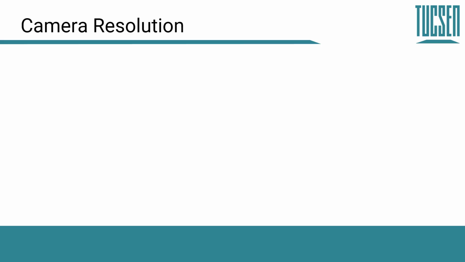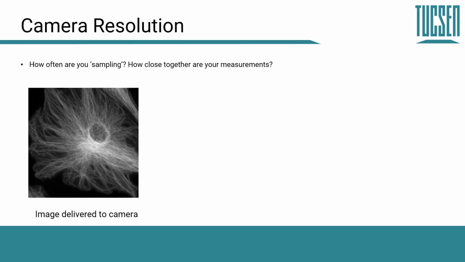What about the camera itself, this pixel size question? So with camera resolution, we slightly turn things on their head and say not how big are our pixels, but how often in space are we sampling? How close together in space are our measurements? Say we have this image delivered to our camera by our optics.